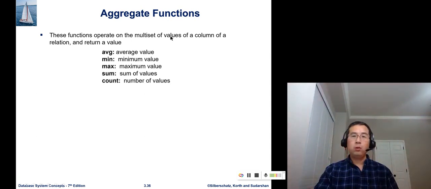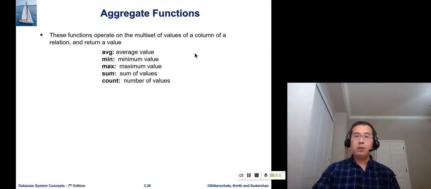Of course, you can do aggregates. That means it can do arithmetic operations like min, max, or count the number. So that means we can perform it on many, or multiple, tuples. Of course, if there's only one, it's also applicable, but mainly we just want to compute a statistic value.